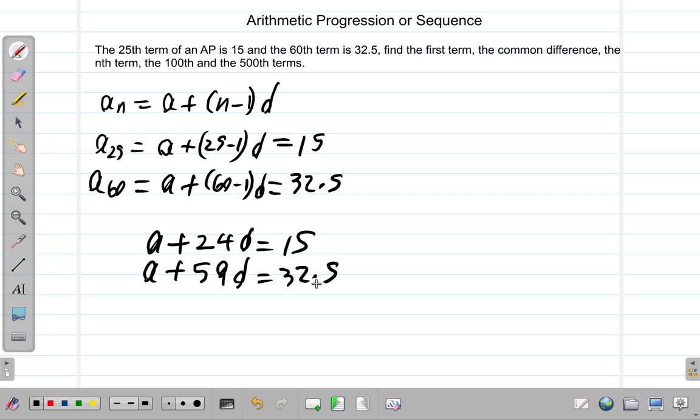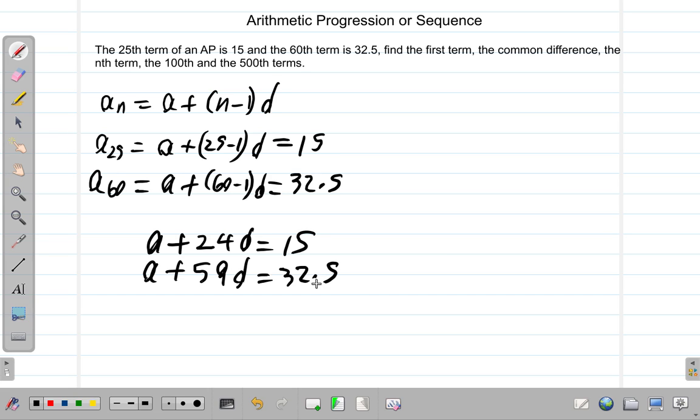Now, as you can see here, we have a pair of simultaneous equations. We could use substitution. Substitution would be a convenient method to solve it. You could also use elimination. Alright, whichever method you prefer.